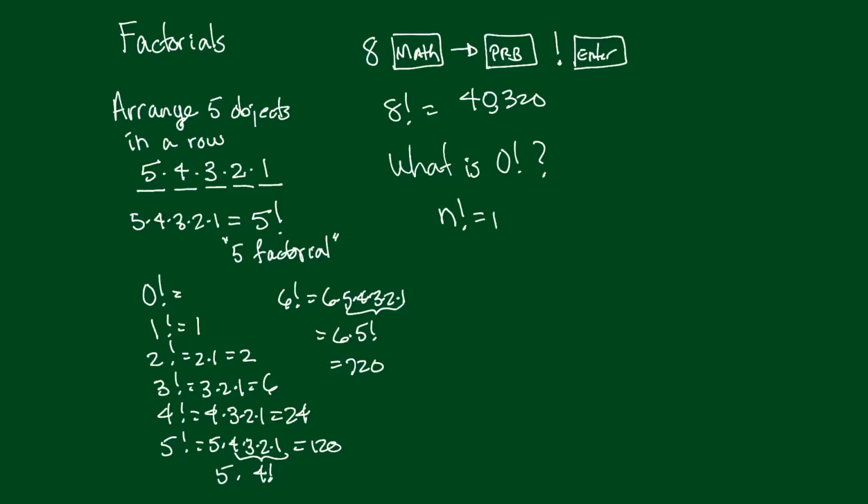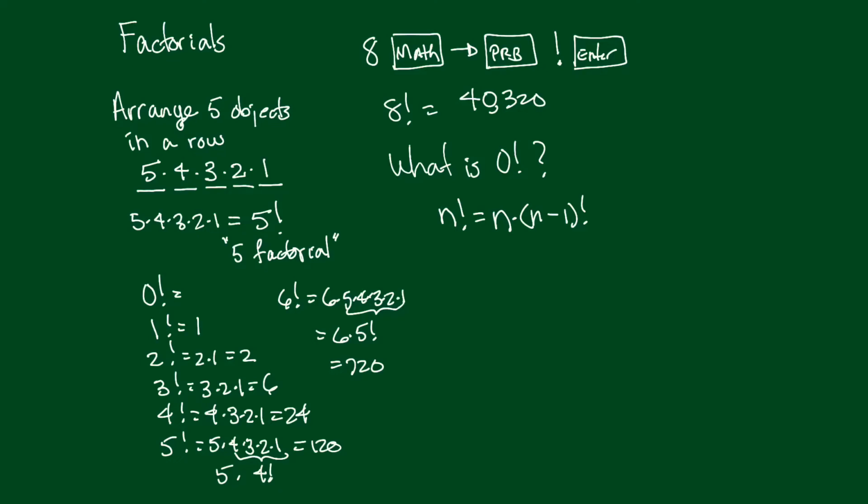You write the number n, and then you multiply it by the factorial of 1 below it. 5, and then the 1 below it. 6, and then the factorial 1 below it. So if I start with n factorial, I write the n, and then 1 below it factorial. So this will be n times n minus 1 factorial.